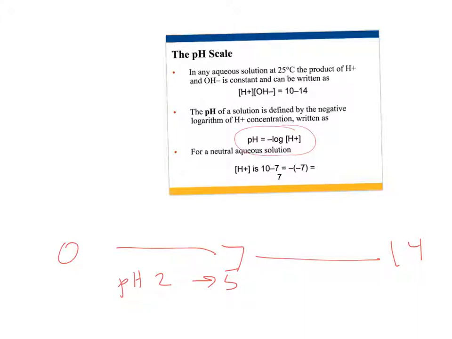The difference between 5 and 2 is 3, right? And it's a 10 times scale from going from 2 to 3, and another 10 times 3 to 4, another 10 times 4 to 5. So you take the difference of the pHs, and put it to that exponent. 10 cubed would be 1,000. So there are 1,000 times more hydrogen ions freely available at pH 2 than there are at pH 5.